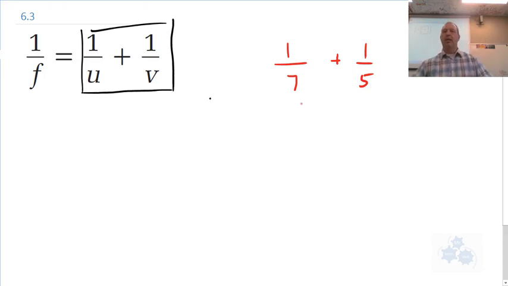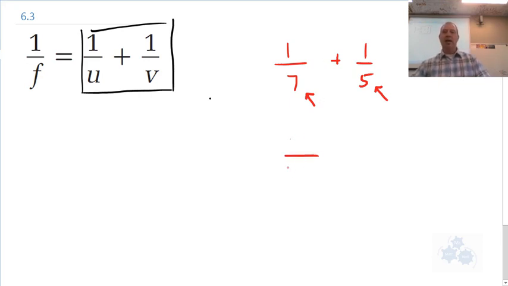Very good. The denominator is the bottom of each fraction, and we want equivalent fractions that have the exact same denominator. So what's the lowest common multiple between 7 and 5? Well, 7, 14, 21, 28. It goes on. Where does it end? 35 is the common denominator.